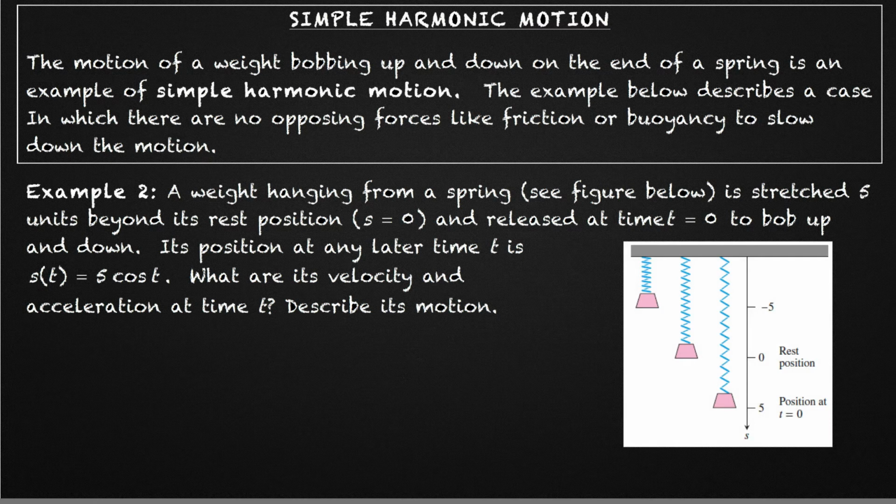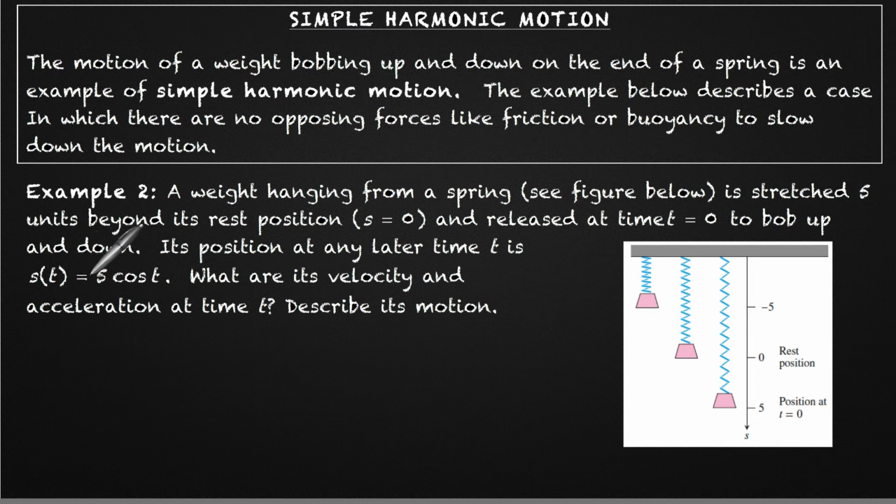Okay, the second example is a very easy example of simple harmonic motion. Basically, you have a spring here that is pushed down 5 units below its rest position, so that when you release it, it just goes up and down and up and down. And so in order to figure out the position of this spring at any time, you will use this formula.